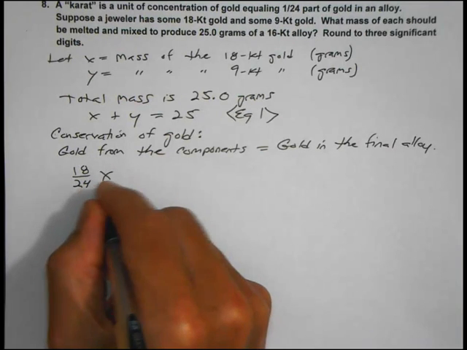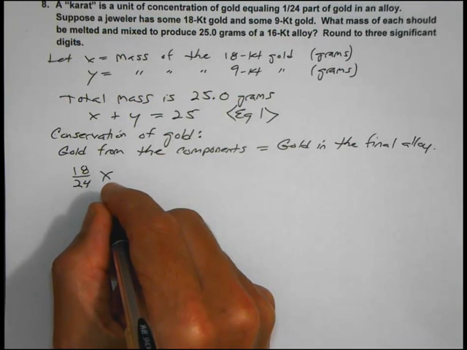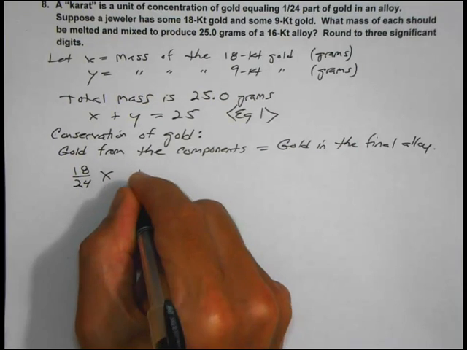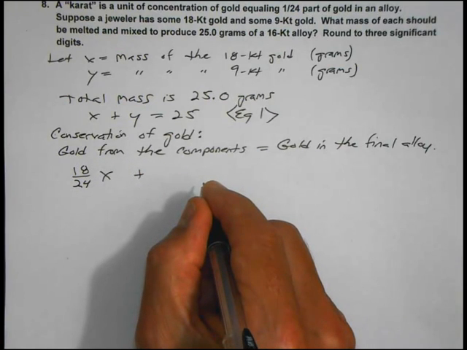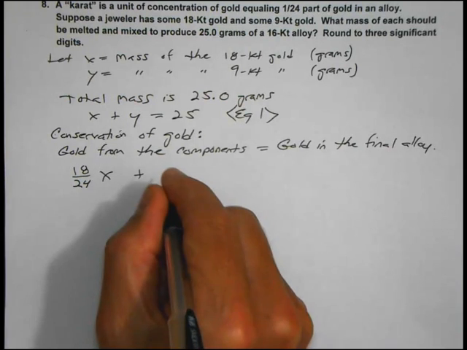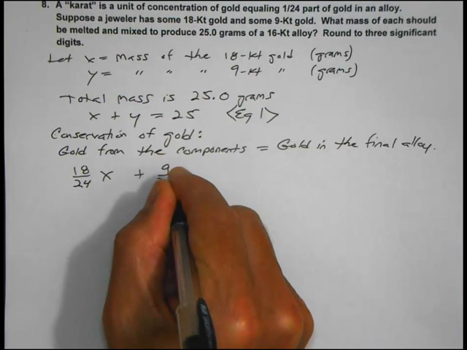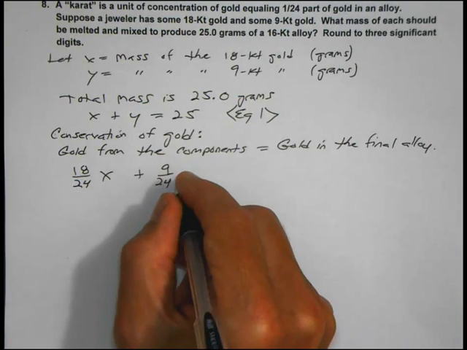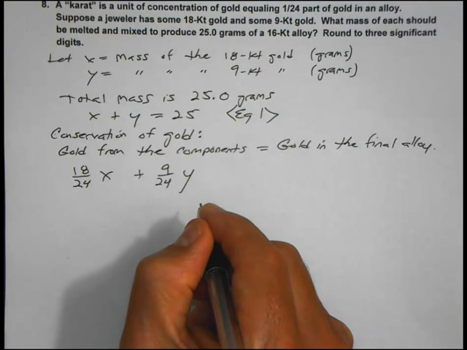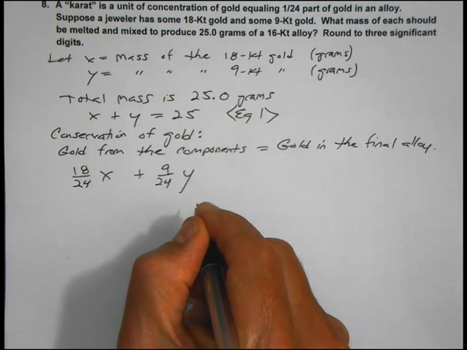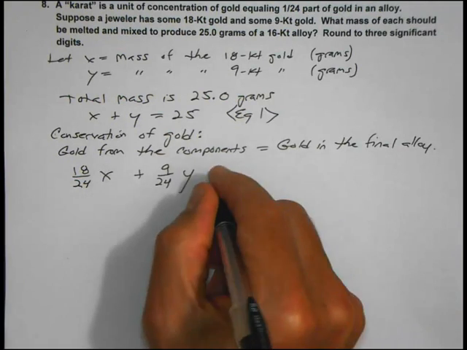That's the gold in the 18-karat gold, plus similar idea for this 9-karat gold alloy. Okay, the concentration is 9/24, definition of karat. There is a mass of y of this particular alloy. Okay, so these two sum together.